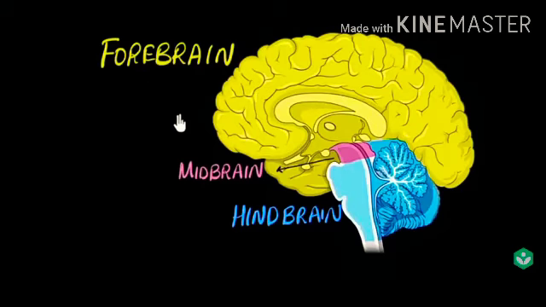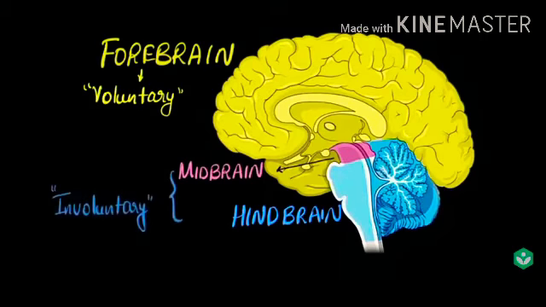Okay, so what are the functions of them? Before we get into the details, to get a broad sense of what these parts do, we can think that the forebrain is responsible for all the voluntary functions, and the midbrain and the hindbrain together are responsible for all the involuntary functions.